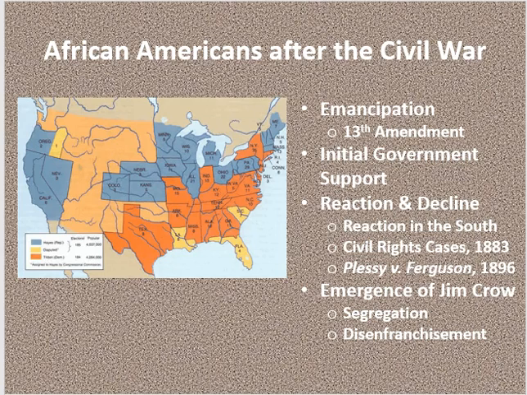So the way it pans out is in one of those classic smoke-filled room scenarios at a hotel in Washington, D.C. called the Wormley House Hotel. Representatives of the Hayes camp and several leading Southern Democrats in Congress get together and they hammer out an agreement by which Hayes promises that in exchange for the Democrats allowing him to become president, he promises to withdraw the remaining federal troops from those southern states where they were still present.